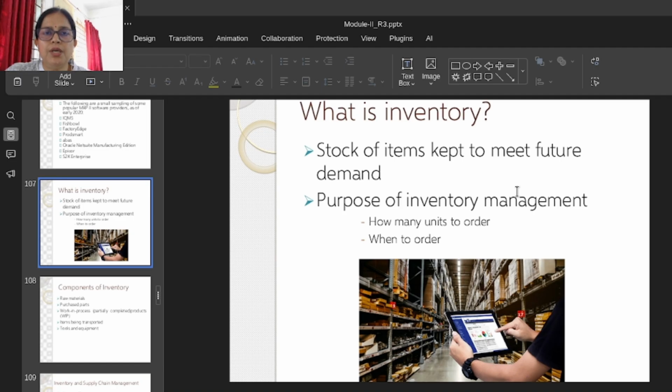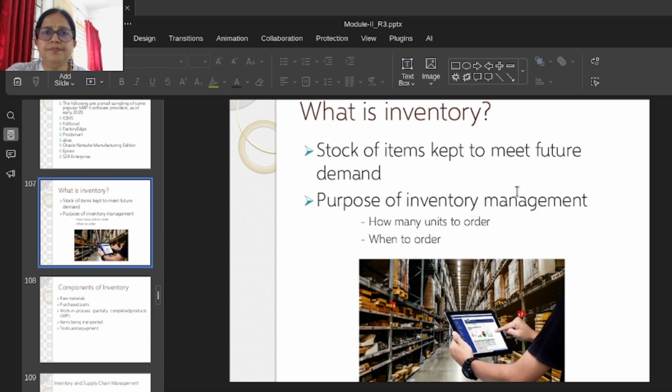Because when we order in a large amount, the transportation cost may be less. But what happens? We have to keep it in the stock. When we are keeping it in the stock, the maintenance, the carrying of the materials, and the management of the materials also require us to spend money.